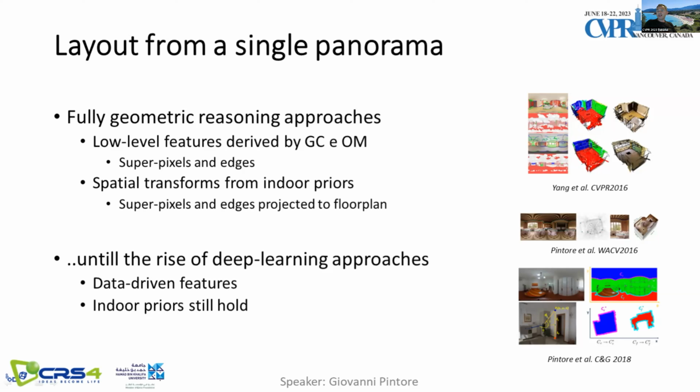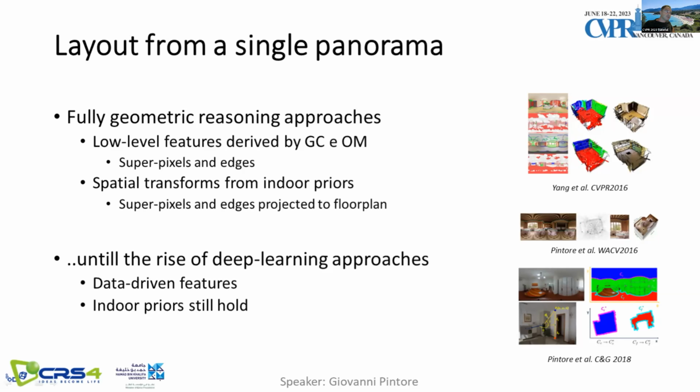They are based on heuristic and geometric reasoning. The other approach here instead transforms the superpixels and the edges in a top-down floor plane domain to fit the most likely room footprint, and also to find the layout height, in this way simplifying the reconstruction.